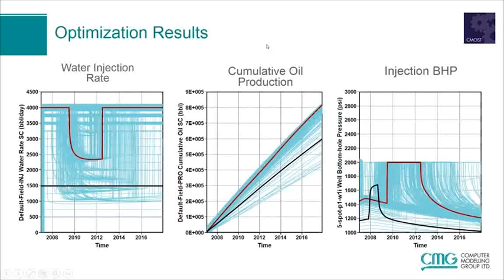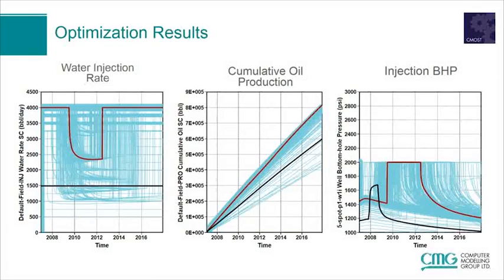Now the results are shown here in these three plots of water injection rate, cumulative production, and injection BHP. You can see here that our optimized case is this red case here. Our base case was the black line here, and then all of our different runs here are shown in the blue cases. But you can see that our injectivity was decreased by the polymer, and in this study we actually did assume that there's microfractures created.